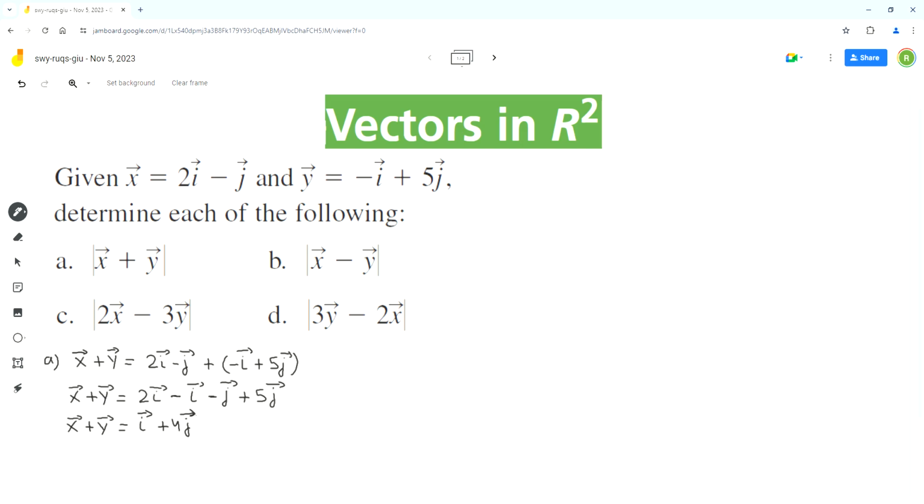Now we can find the magnitude. So we should square the coefficients of i and j, add the square terms and put them under the square root. The coefficient of i is 1.